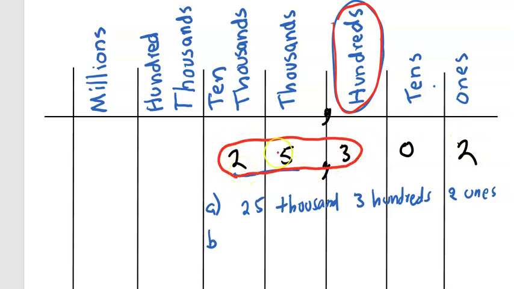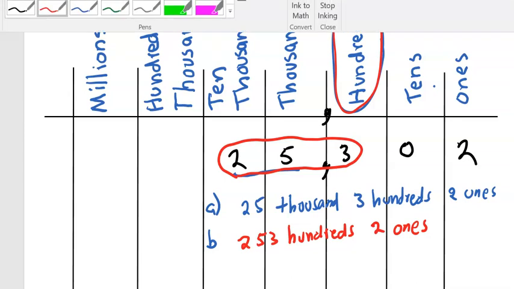It would take that many $100 bills to give me the same amount. See if you can see the pattern. So now it's 253 hundreds and 2 ones. So they're just challenging your understanding of place value. And so hopefully that example with money will help. We're not going to spend too long on this one. Okay, I'll meet you back at the top and we'll fill this in.